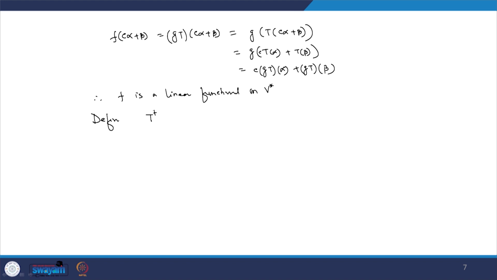Now, let me define T t, a function which is mapping from W star to V star.